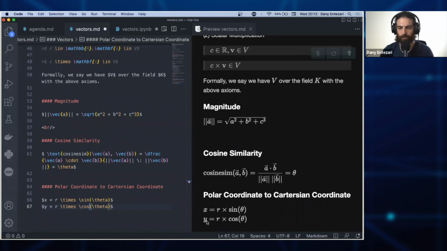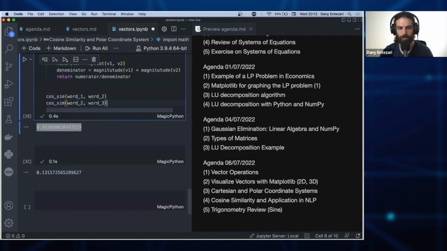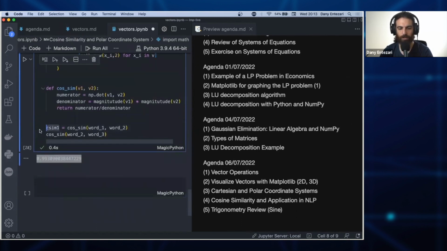So if I want the x and y from my cosine similarity, I'm going to come back to my notebook. I will call this CSIM1, cosine similarity for the first comparison. Let's make it 1 and 2, right? The cosine similarity of vectors 1 and 2. The cosine similarity of vectors 2 and 3.